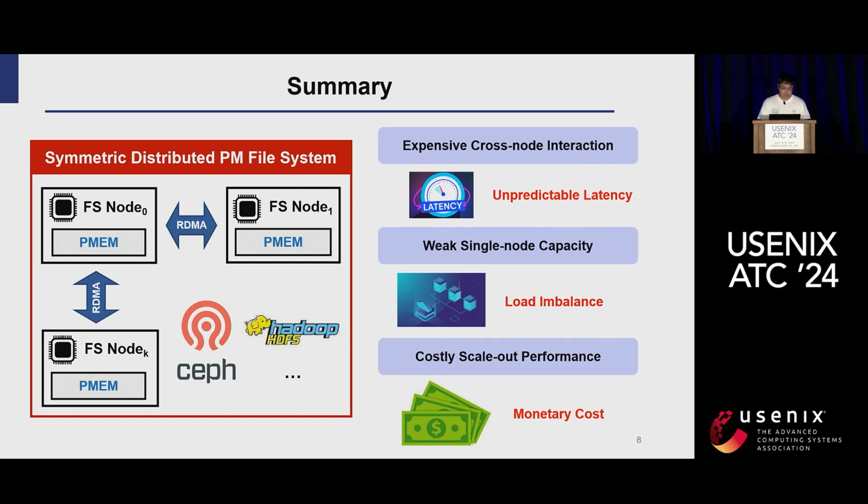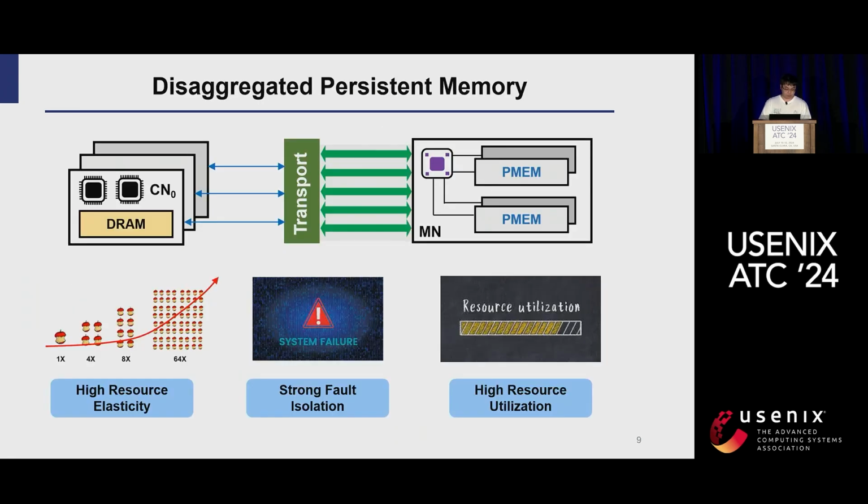Our paper finds that expensive cross-node interaction, weak single-node capability, and costly scale-out result in unpredictable request latency, degraded overall performance, and high monetary costs for current distributed file systems.